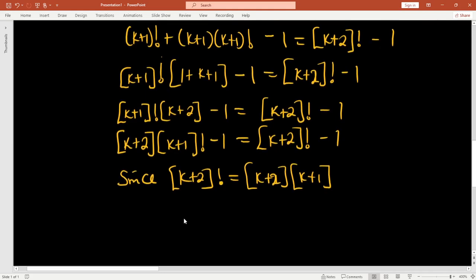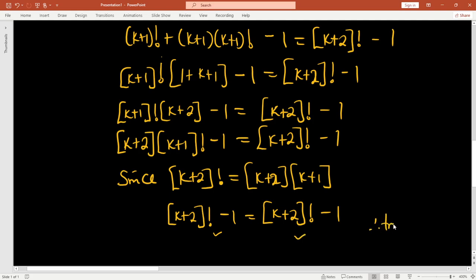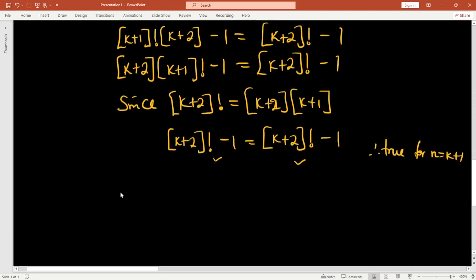So therefore k plus 2 factorial minus 1 is equal to what we have on the right hand side, which is k plus 2 factorial minus 1 like this here. So therefore what we have on the left hand side is equal to what we have on the right hand side. So we can just say therefore this is true for n equals to k plus 1. So if this is true for n equals to k plus 1, then the statement that we have holds under mathematical induction.